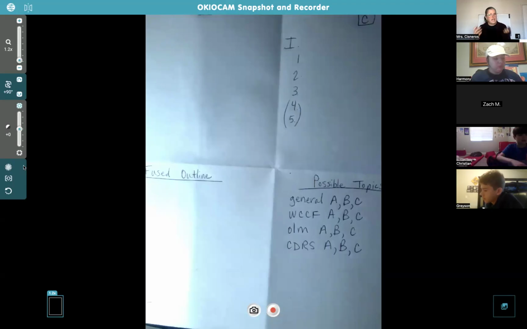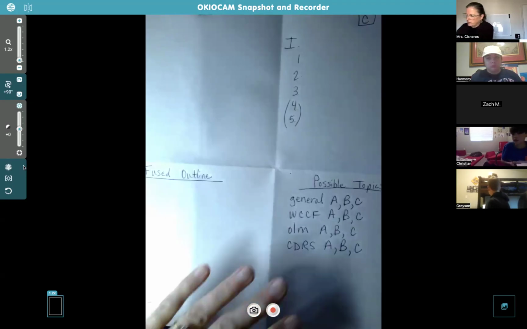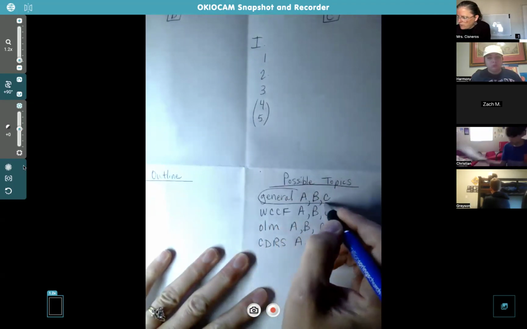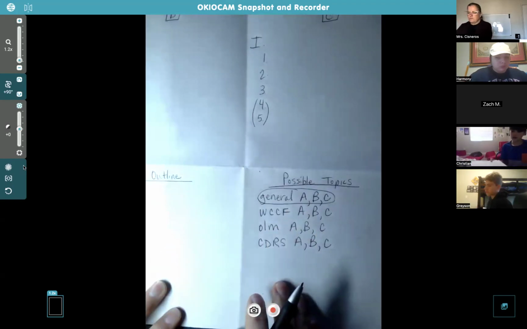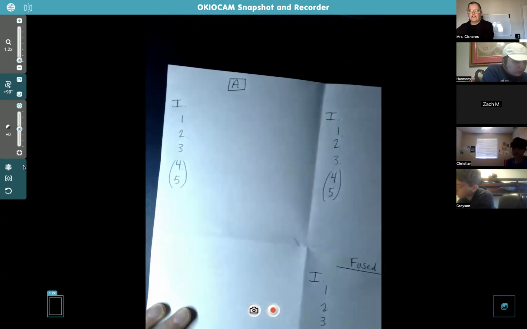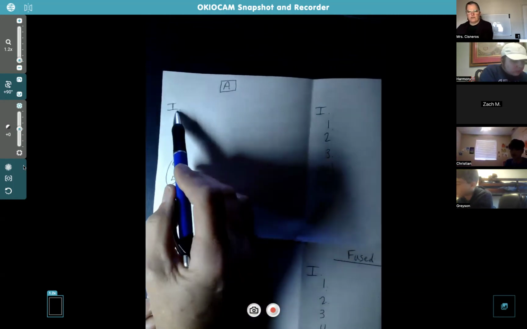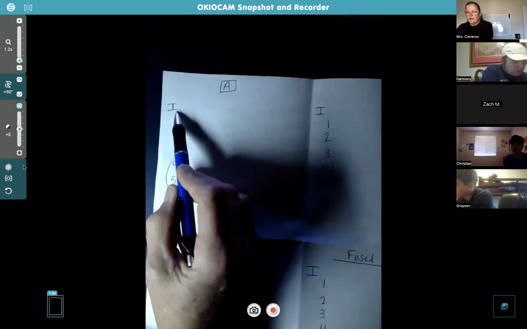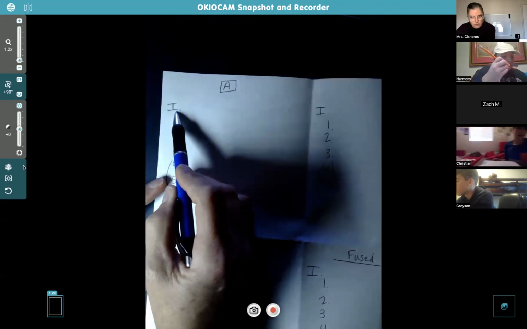And for today, since we're going to start this one together, it's always a good idea to introduce the general information about something that you're talking about. So for troglobites, we're going to start with general. You can circle that. That's going to be Roman numeral 1. When you fill in the topic, which is next to the Roman numeral, we always start with the subject.